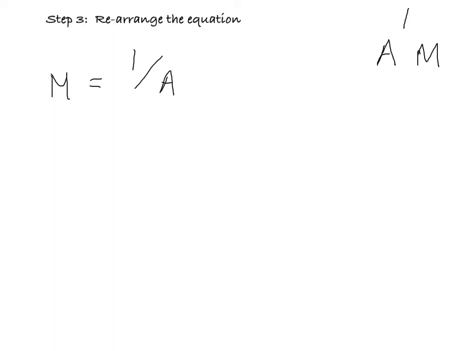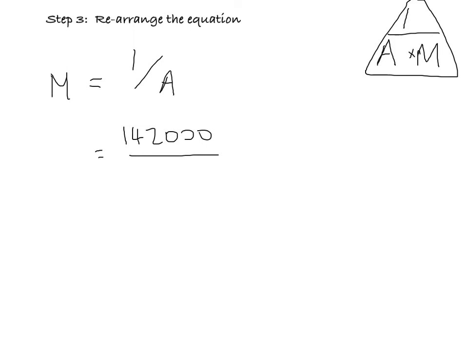We now need to put this into the equation. So we have our triangle here of I AM, and we want magnification. So magnification is image size divided by actual size. So that is 142,000 divided by 40.